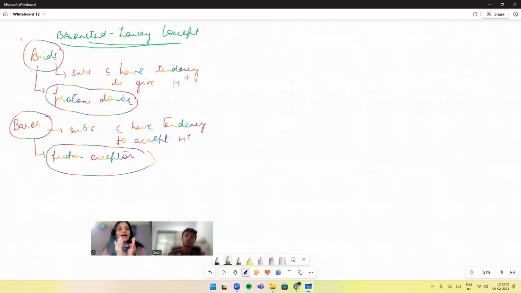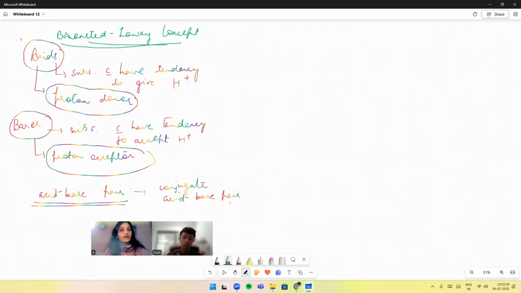So obviously, acid and base are going to form pairs. Got it? They are forming a pair, and these pairs are known as conjugate acid base pairs.